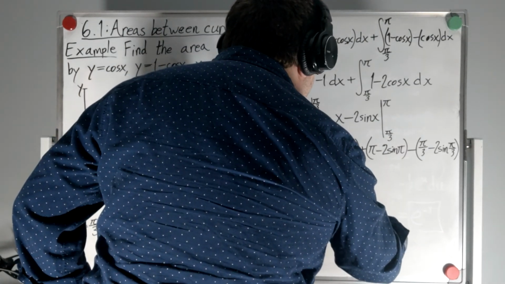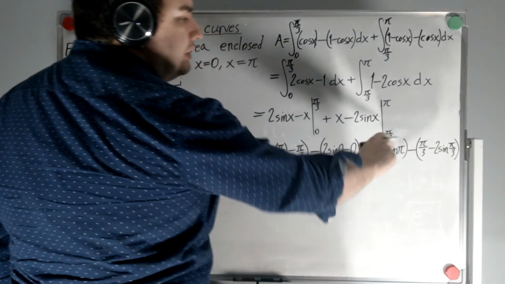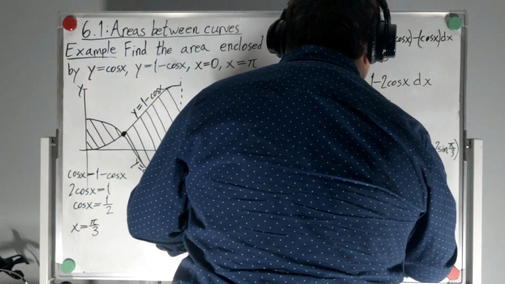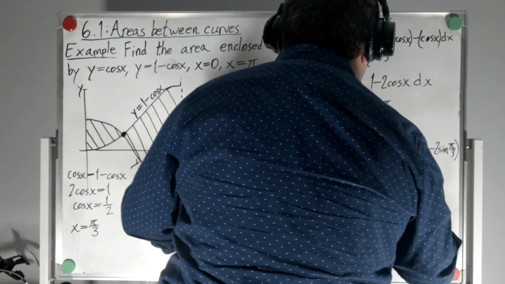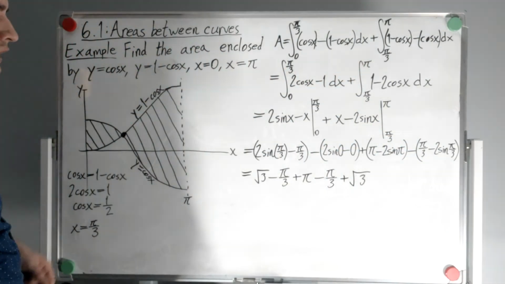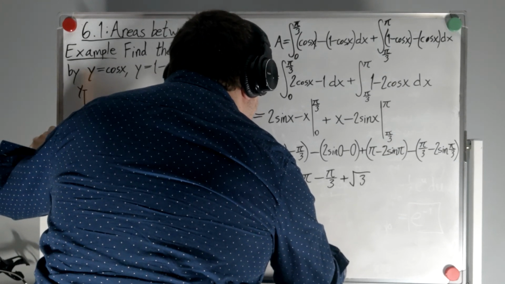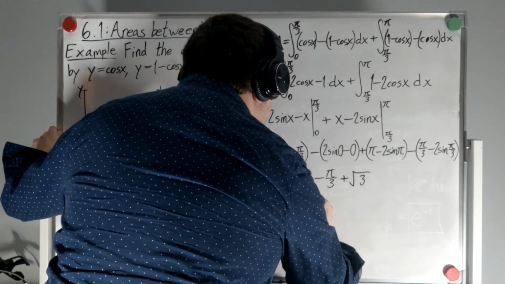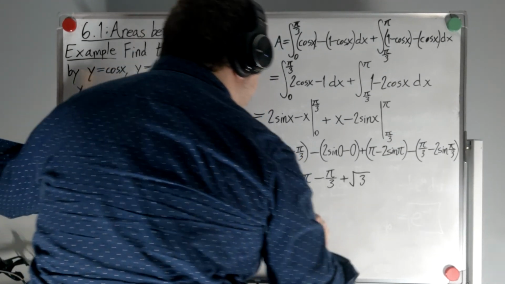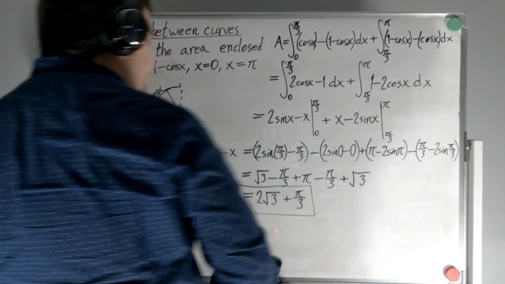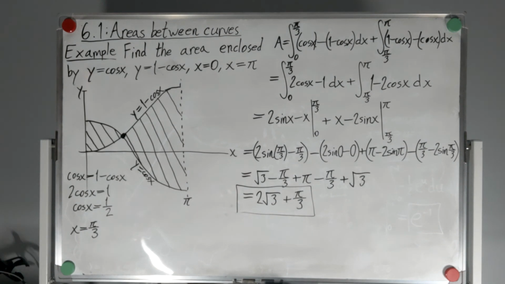Then minus pi over 3 plus 2 times sine of pi over 3 is root 3 over 2, so plus root 3. So altogether, this just becomes 2 square root of 3 plus pi, or pi over 3. And that's our answer.